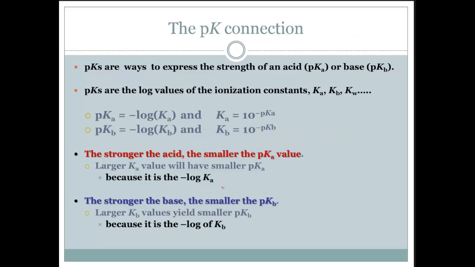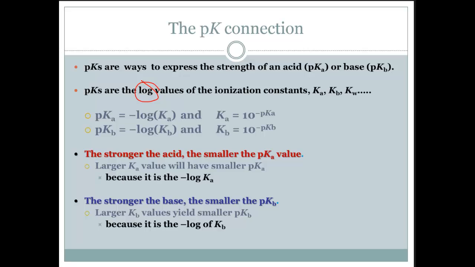pKs are ways to express the strength of an acid or base as well. pKs are the log values of the ionization constant. If you look on your calculator, you will see the word log on one of your buttons. You need to be using this button as you're determining these.